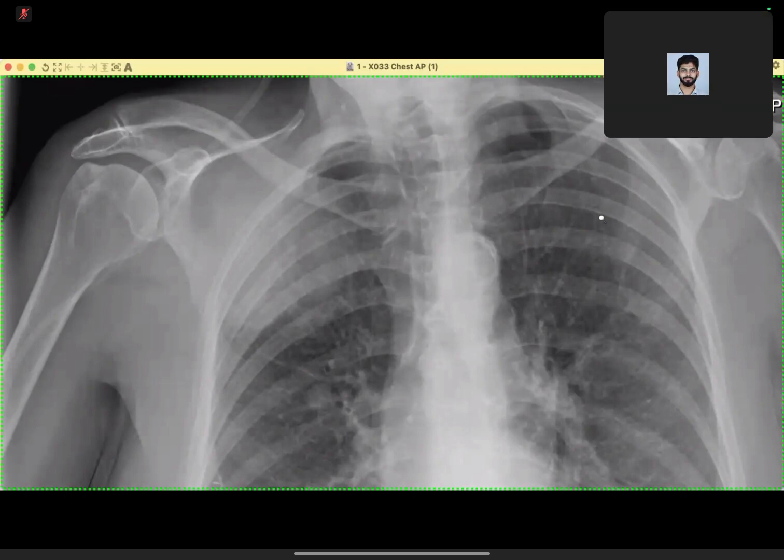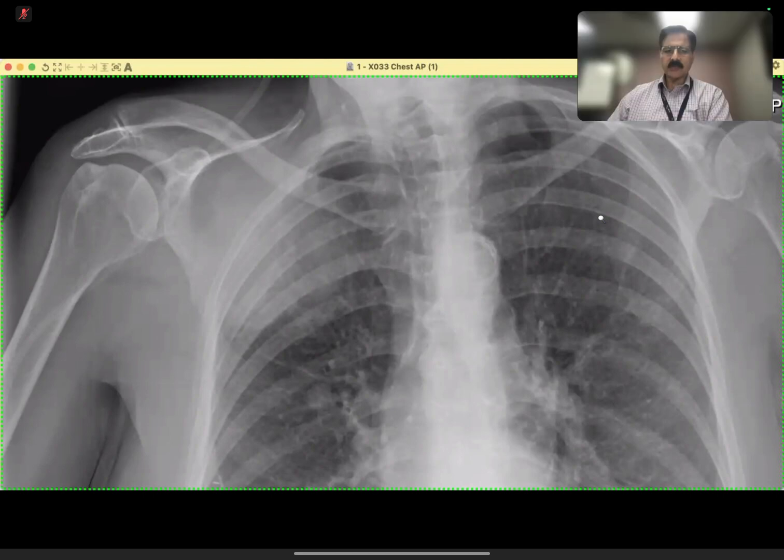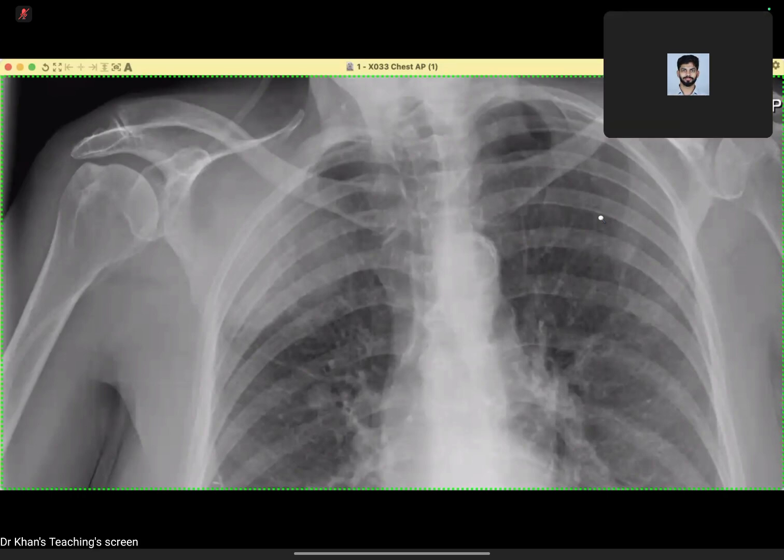I could also see some lytic areas in the anterior and posterior margin of the right first and second rib. And where is the lytic area? Which rib? The posterior portion of the first and second rib, right.